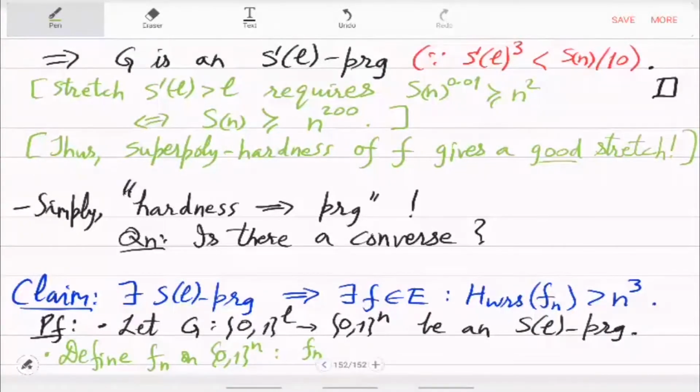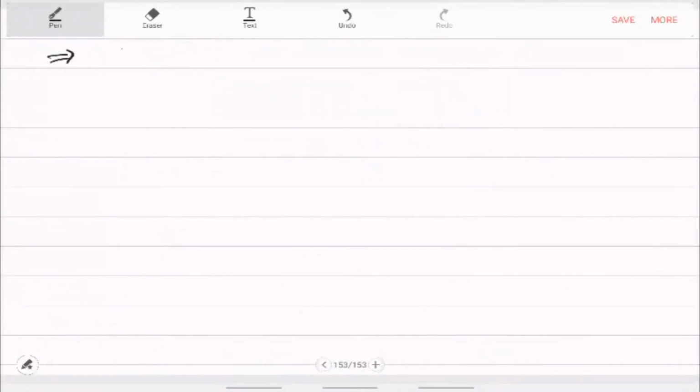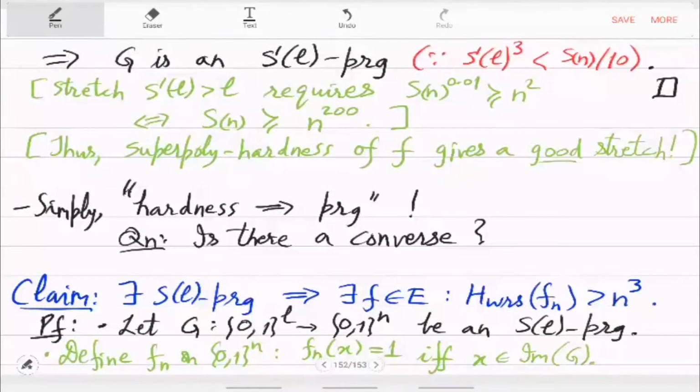Fn is 1 if and only if x is in the image of G. Now since G is a PRG, it is computable in E, so Fn is also computable in E. It is a Boolean function computable in E. Let me call this F.